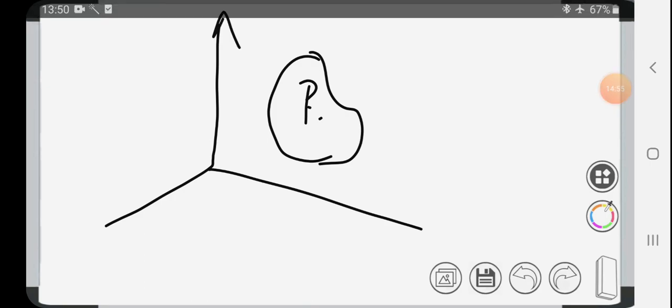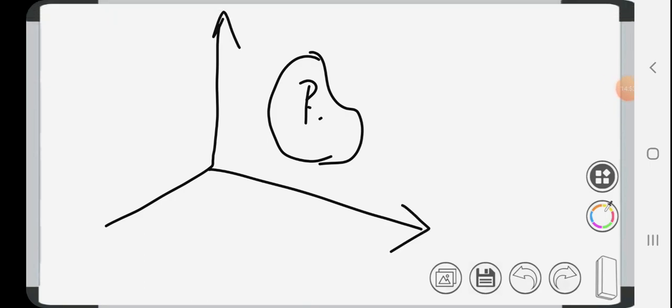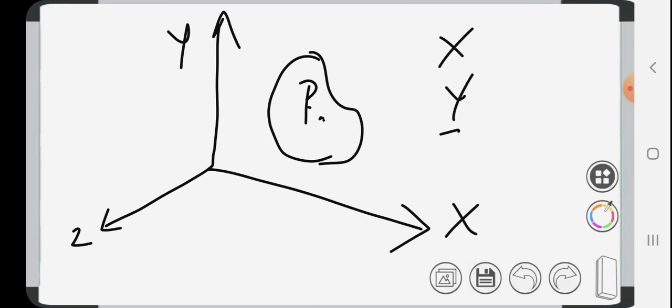Now, students, suppose we have the same body, P, in the x, y, z Cartesian coordinates. We have the same body at the same point P. Suppose we are supposed to find the components of stress on an arbitrary plane which is not x, y, or z.